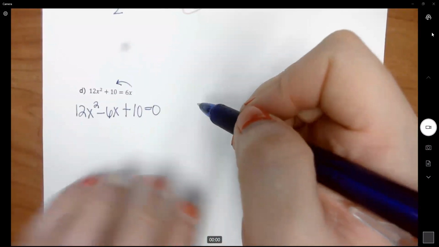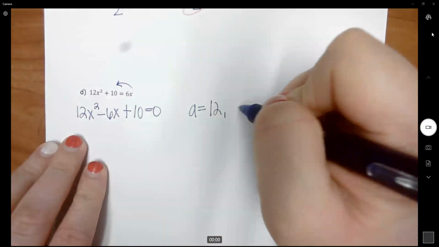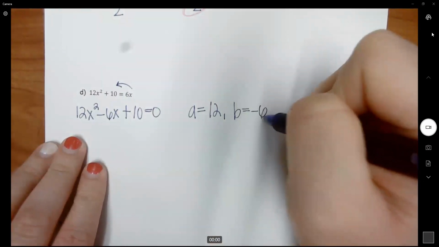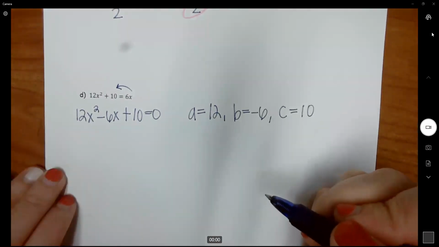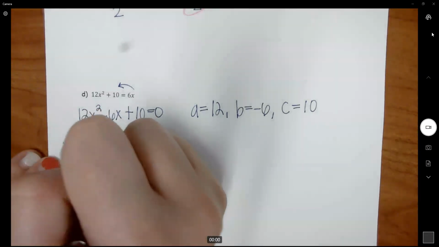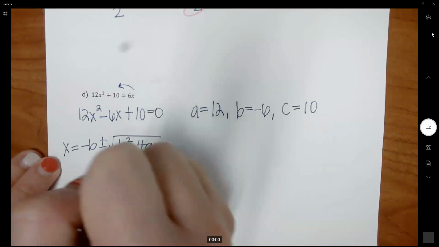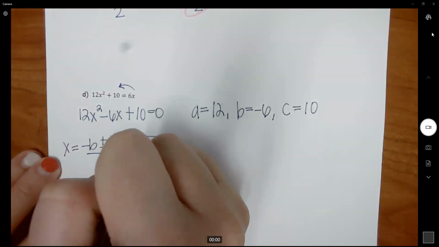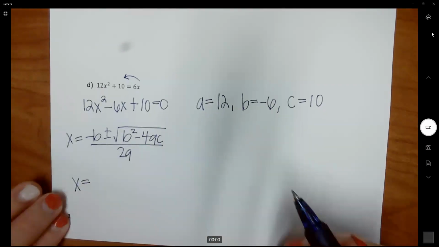So now that this is in standard form, let's list my A, B, and C. So A is 12, B is negative 6, and C is 10. I'm going to rewrite my formula so that I have it in front of me. The more times you write it, the better you are at memorizing it. A little helpful hint there.